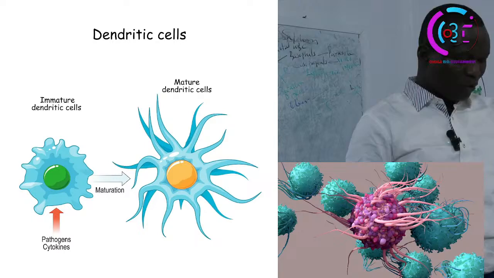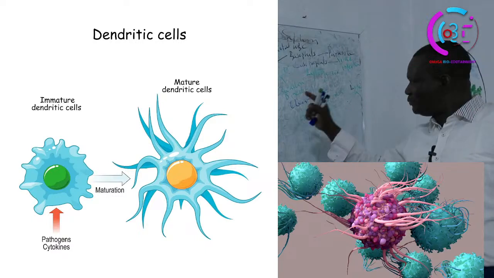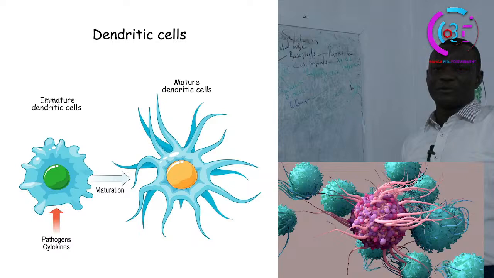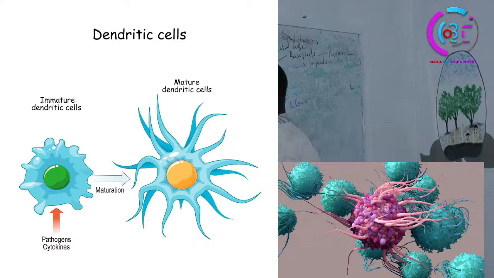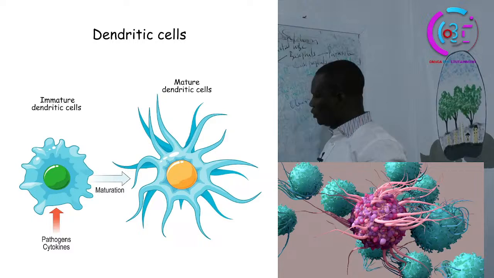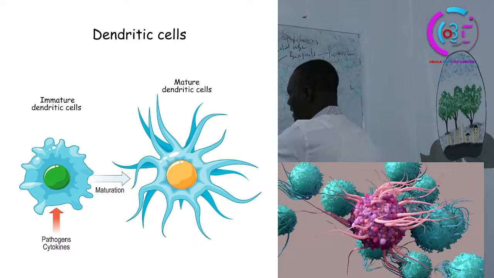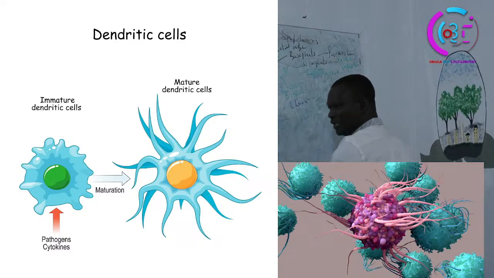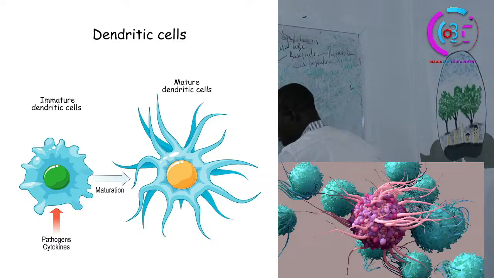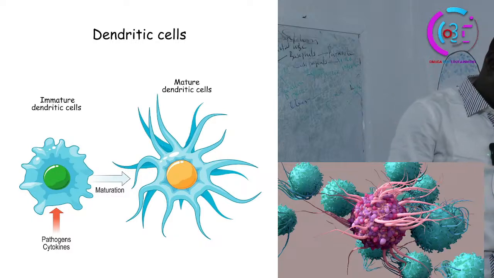Apart from serving as intermediary, they also have the ability to stimulate adaptive immune response. Whenever the dendritic cells see that the innate immune system can no longer cope with the mechanism of the pathogen, it is the dendritic cell that will link the innate and adaptive systems together. Apart from linking, it is going to serve as the primary stimulator of the adaptive immune system.